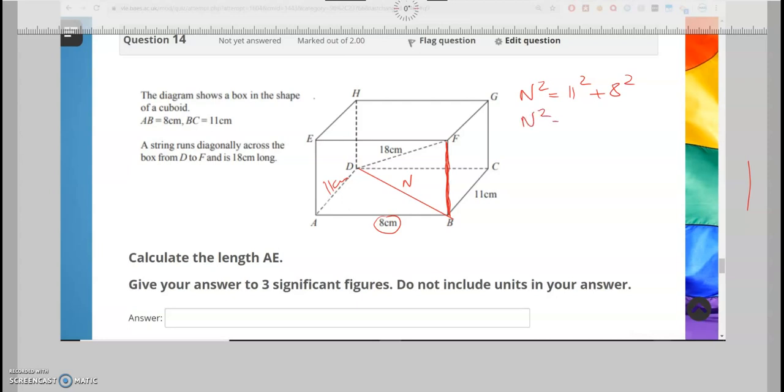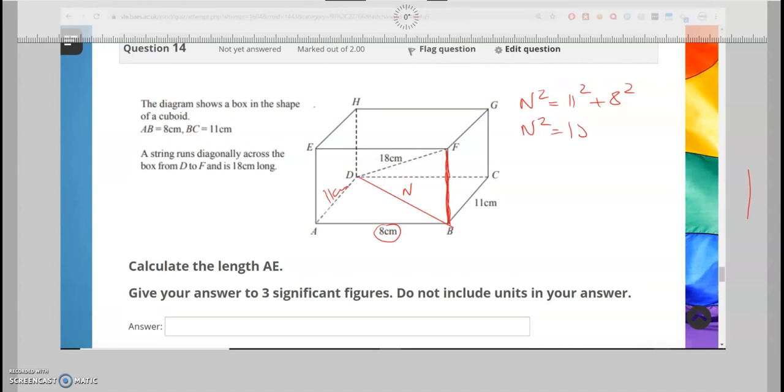So n squared is 185. So n is equal to the square root of 185. It gives a long decimal, so I'm going to keep it like that for the time being.